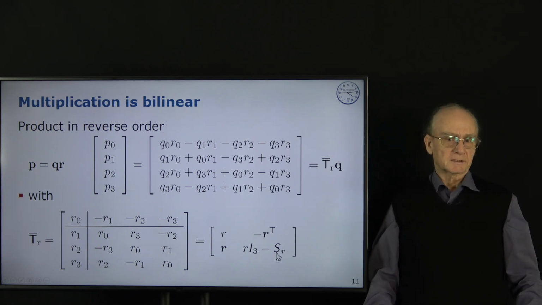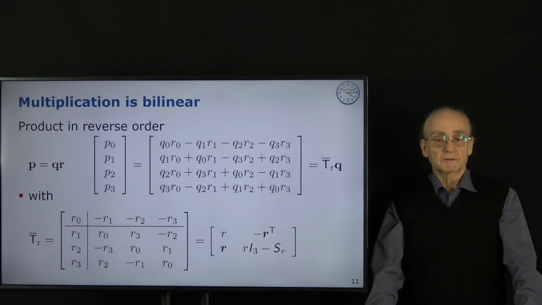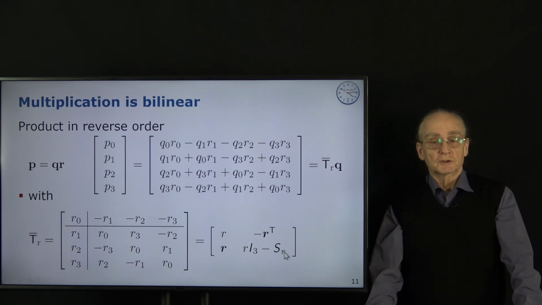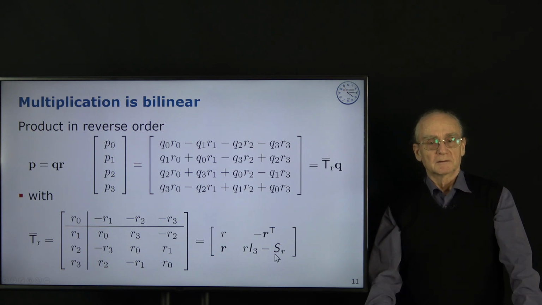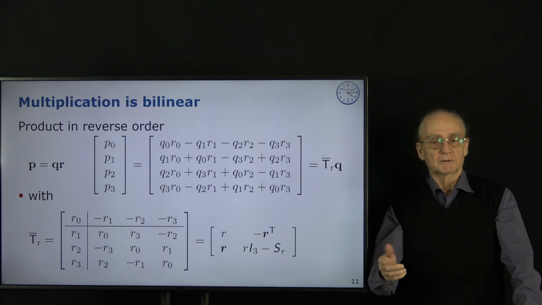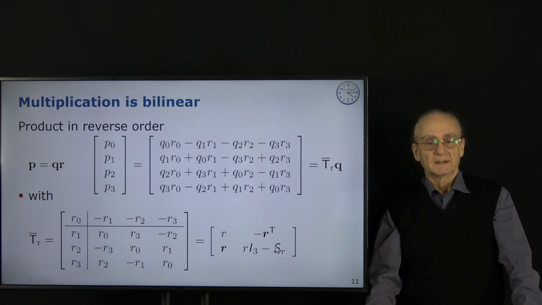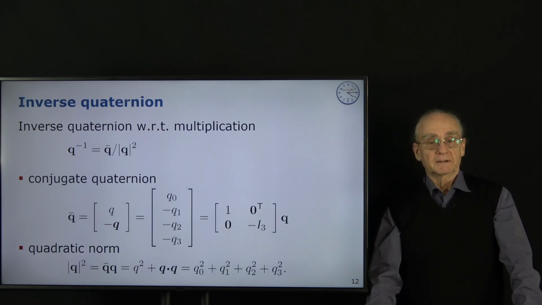So the two matrices are not transposes of each other, but they differ just in this skew part. That's the reason why the multiplication cannot be commuted, because these matrices are not the same. We will have a look at these matrices later.